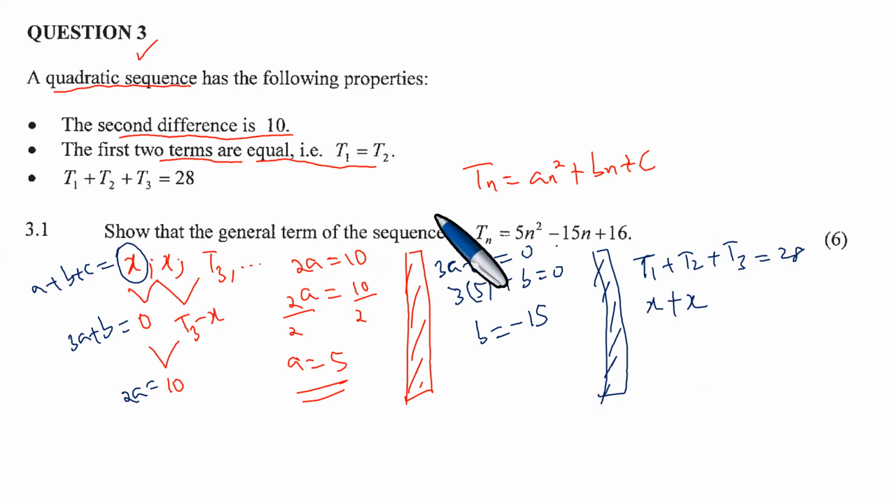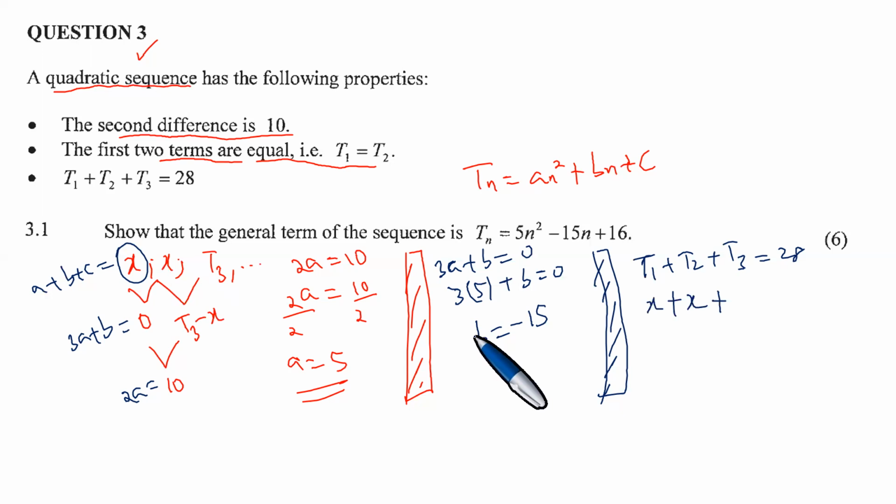And then term 3. What is term 3 at this point? We need to reason about term 3. You need to think about what term 3 is going to be.